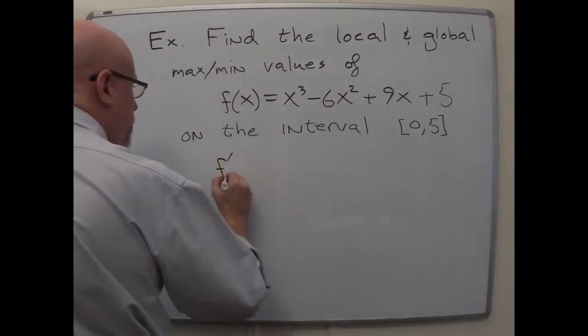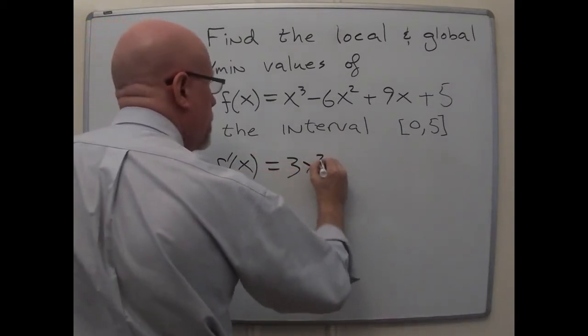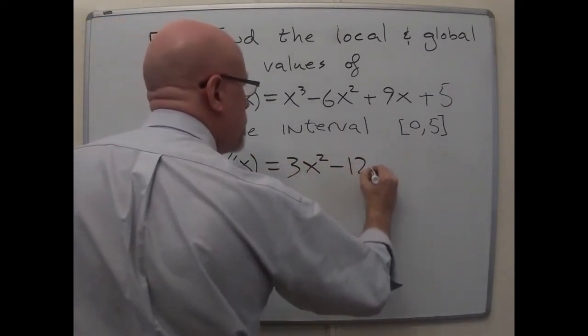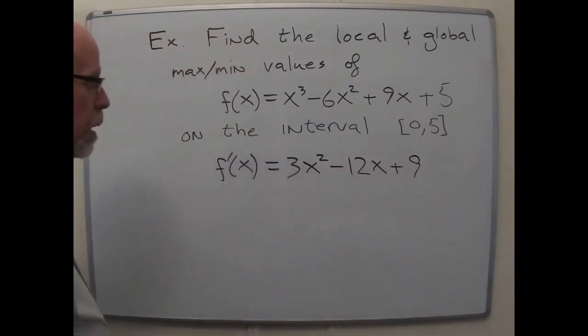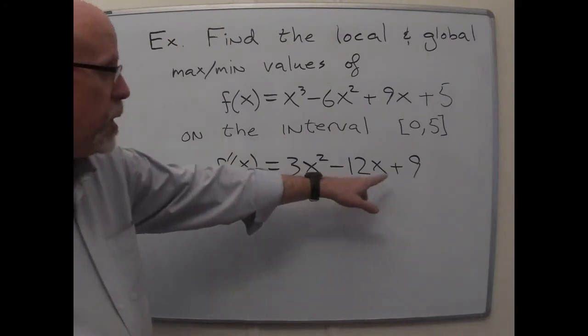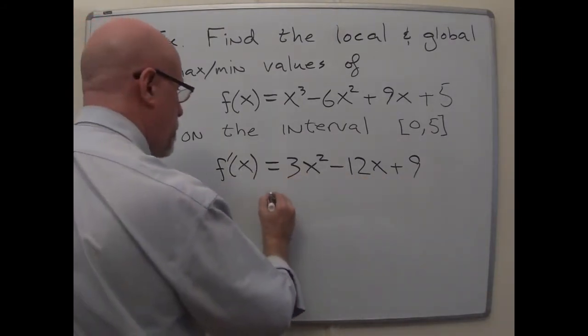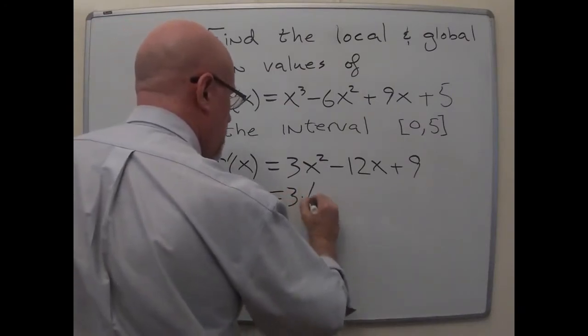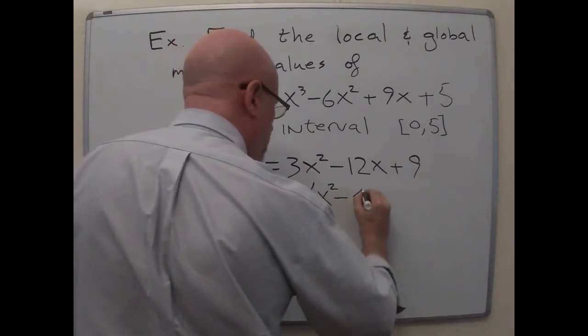You figure out the derivative, f prime of x, which is 3x squared minus 12x plus 9. Notice that everything in f prime is divisible by 3, so you can factor a 3 out, and you write it as 3 times x squared minus 4x plus 3.